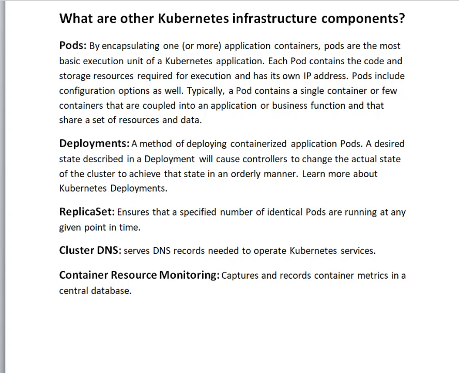Pods are the most basic execution unit of a Kubernetes application. Each pod contains the code and storage resources required for execution and has its own IP address. Pods include configuration options as well.